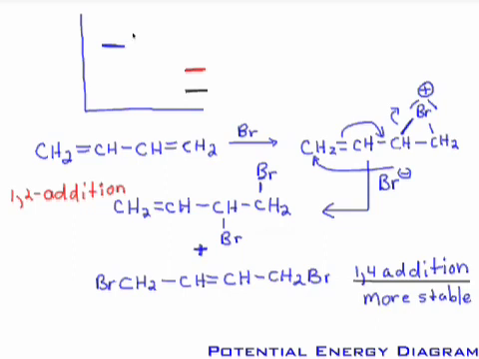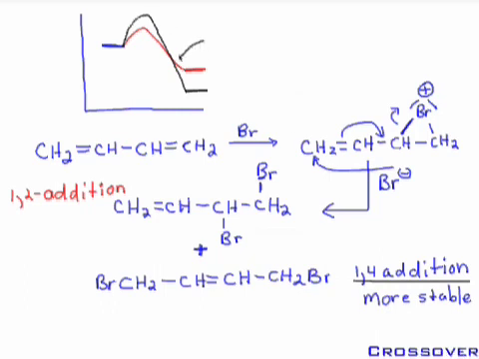Now it turns out that the 1,2 addition product's transition state is actually lower energy. The 1,4 addition's transition state has a higher energy, and you see this crossover in the potential energy diagram. Now when you get crossover like this, this indicates a temperature dependence.